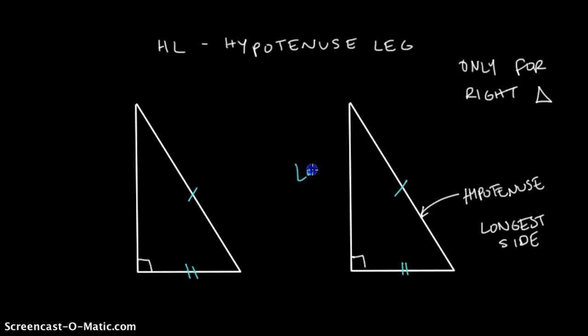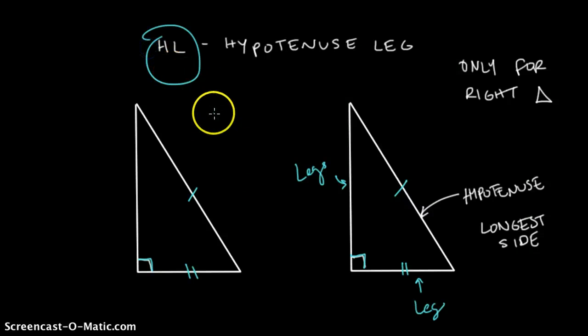I don't know if you remember that, but these are called legs right here. So the triangle has legs and a hypotenuse, and what you're looking for is the hypotenuse, hypotenuse, leg, leg, and this is already congruent, right? The right angle, if they're right angles, that means this angle is already congruent. So this is a lot like, you might maybe think of it as side angle, but it's called hypotenuse leg. You would write HL for your answers, and it only works for right triangles.